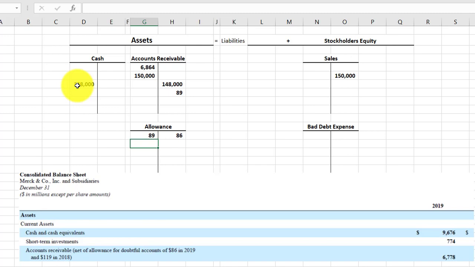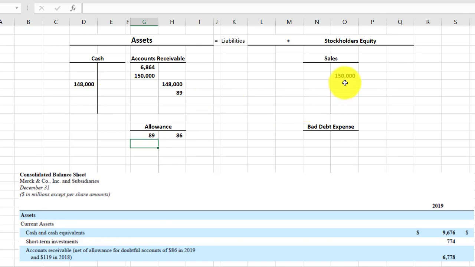So we get to the end of the year, and we want to estimate our bad debt expense based on the percentage of sales, based on our credit sales.